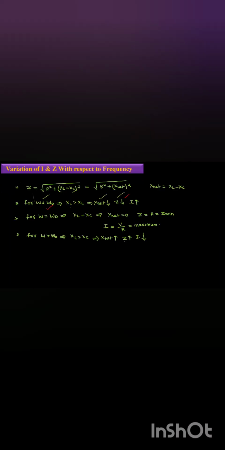Next, for omega greater than omega naught, impedance is increased. At omega equal to omega naught, Z equals R.